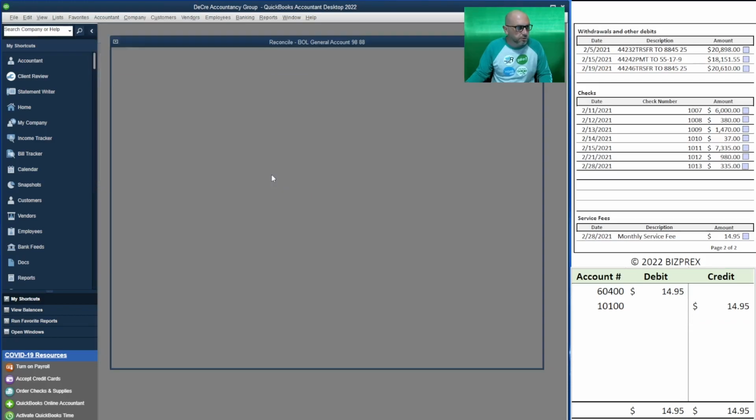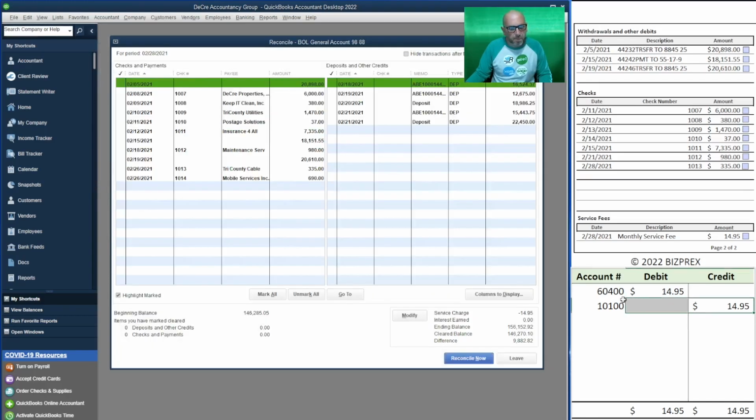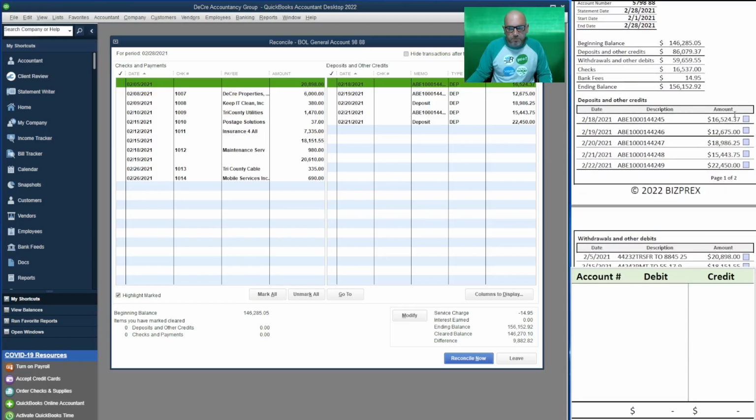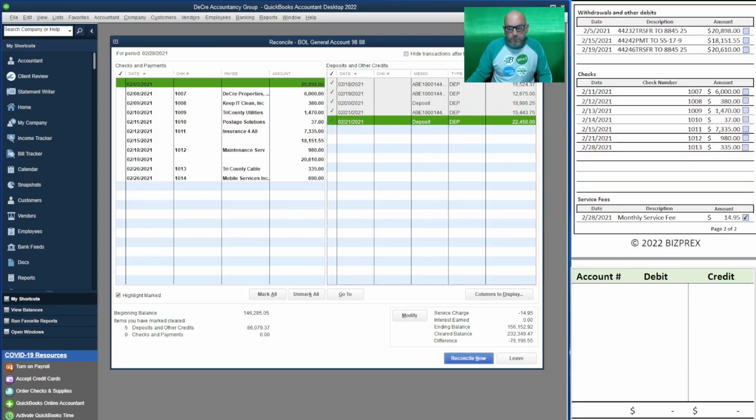Let's continue with reconciliation. Here's 1495. Mark that. Okay, we have some deposits right here. Let's mark those. So far, so good. Okay. And then we have some transfers.